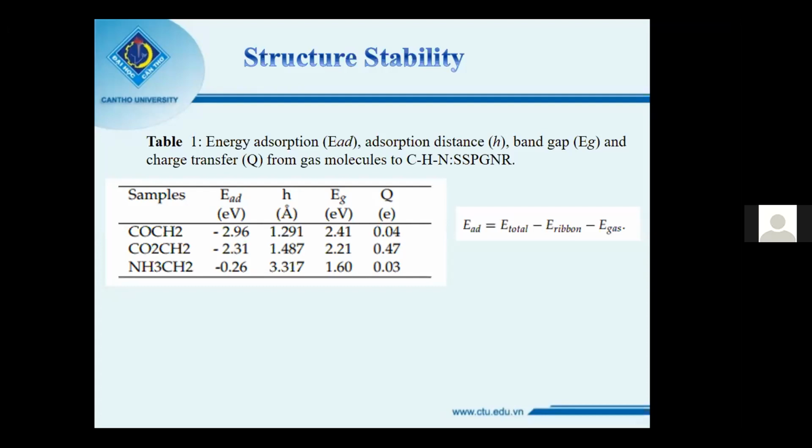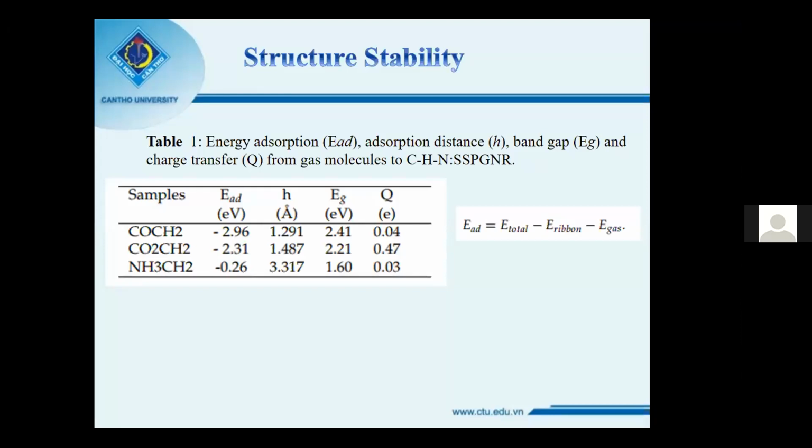The absorption energy of pseudospectral nanoribbons doped with nitrogen across CO is the lowest. It's obvious that CO absorption is the most stable one.